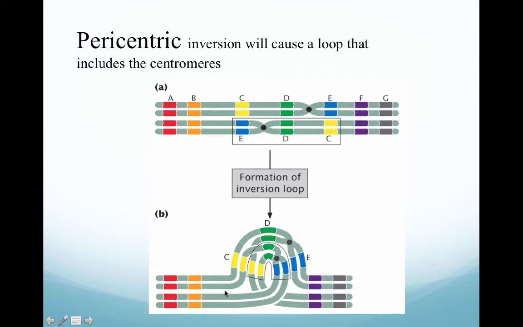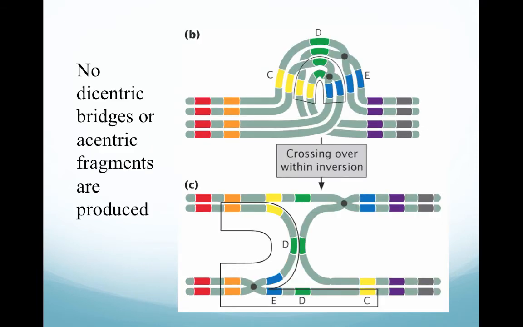So they're going to twist into an inversion loop to try to get those genes to match up during prophase 1. And within that inversion loop, we're also going to have crossing over taking place, and that is going to result in the 2 long arms of the chromosomes actually trying to pair with the opposite chromosome.